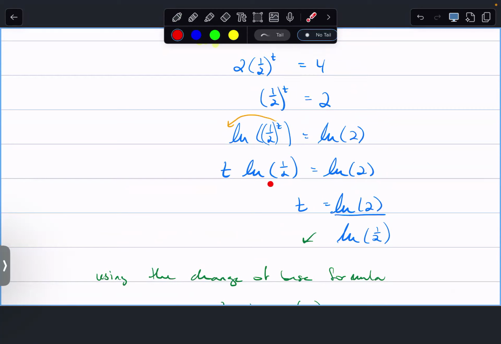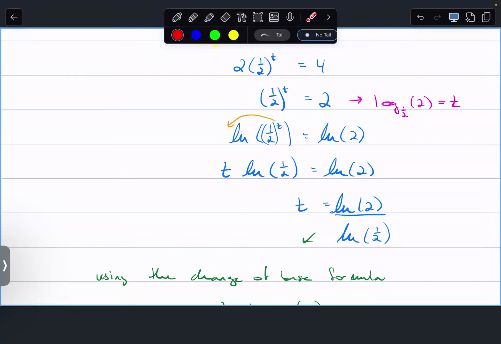But if you get kind of nimble enough with looking at these exponential functions, then you could jump in here and say, okay, well, that's the same thing as log base 1/2 of 2 is equal to t. With practice, or not, can be like me and just always take the log and not worry about this.